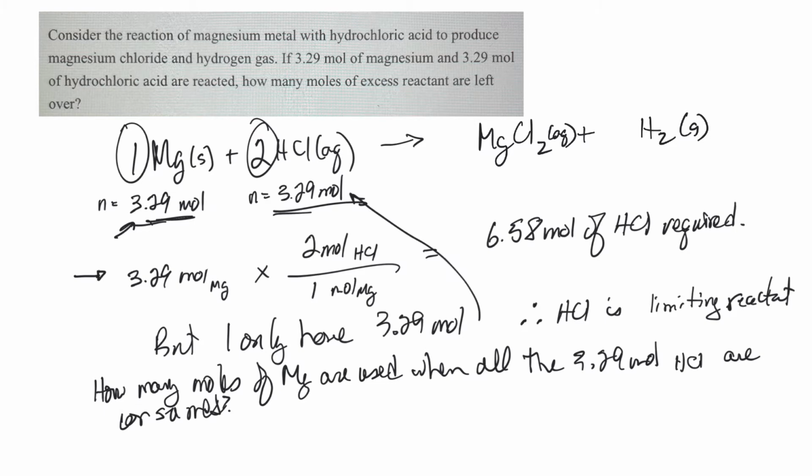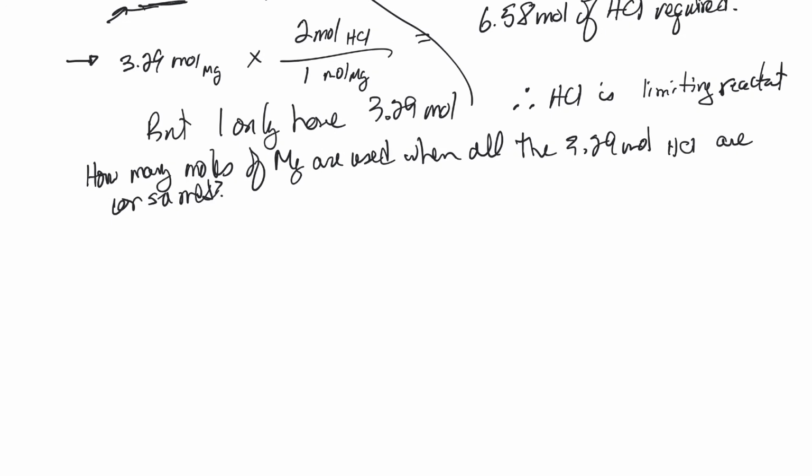Okay, so to do that, I take the moles of HCl, 3.29 moles of HCl, and multiply it by 1 mole of magnesium per 2 moles HCl. So 3.29 times 1 divided by 2 is 1.645.